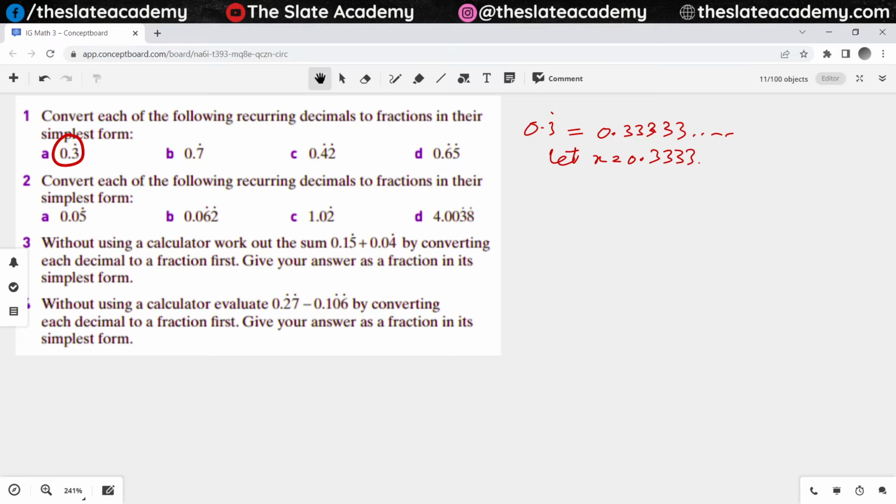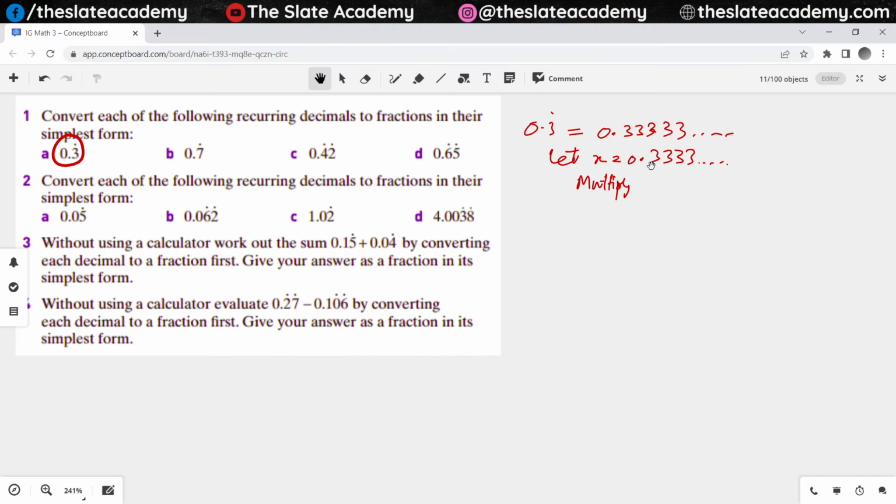In other words, x is equal to 0.333 onwards. Now what I need to get rid of is these infinite number of threes that are there right after the decimal. So the first step I will do is multiply both sides of x is equal to 0.33 with 10.